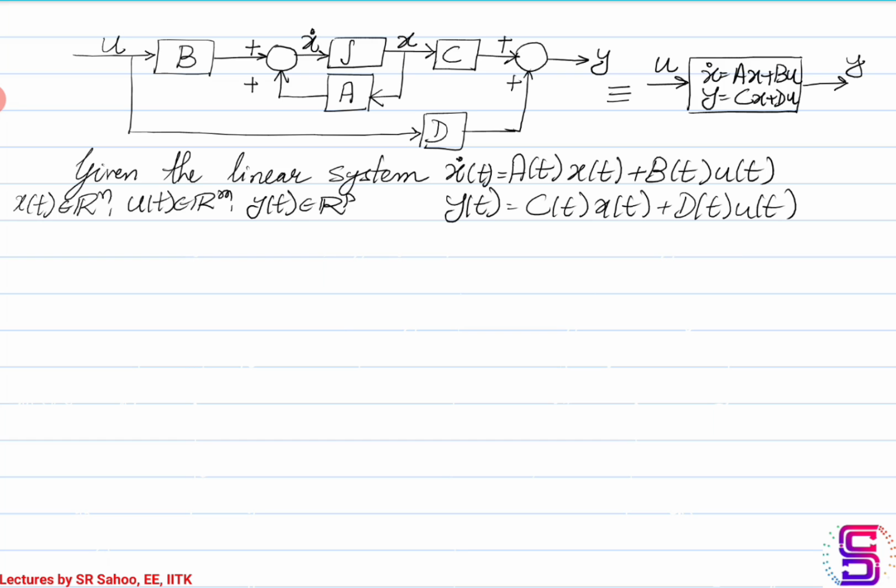So I'll repeat this. Suppose we have a time interval t0 to tf, and suppose we are starting at a point x0, or x of t0 being equal to x0, and we want our solution trajectory of x(t) to pass through a point, let's say xf, at the time t equal to tf.